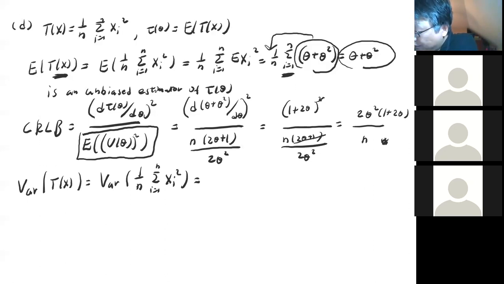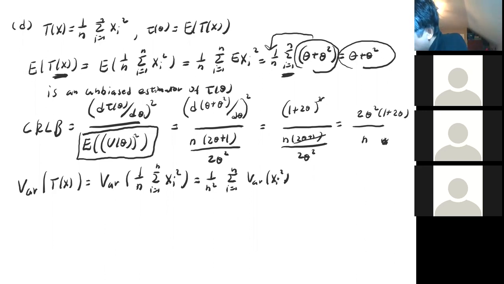I really don't like to do this. If you do that straightforwardly, eventually you are going to find the variance of xi squared. It's 1 over n squared, and because of independence, I can write the summation from i equals 1 to n of the variance of xi squared.